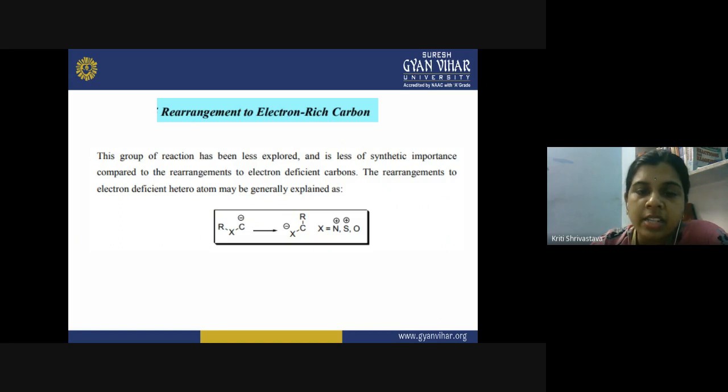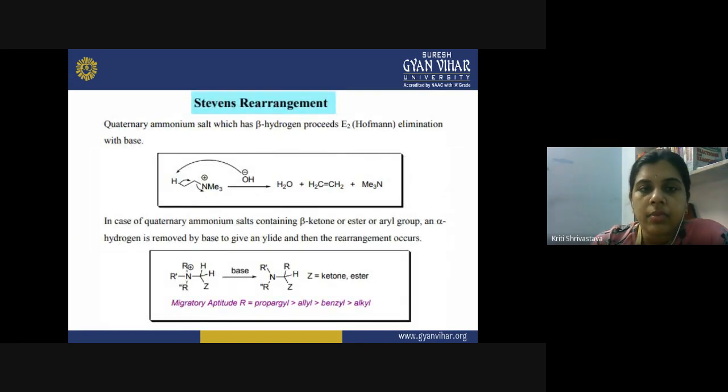Generally, these reactions can be explained like this: you have R-X-C negative, the rearrangement takes place, the negative charge now comes on the heteroatom X, and the R group comes to the carbon. Here X can be any electron deficient heteroatom, like nitrogen, sulfur, or oxygen, and the Stevens rearrangement is one of such types.